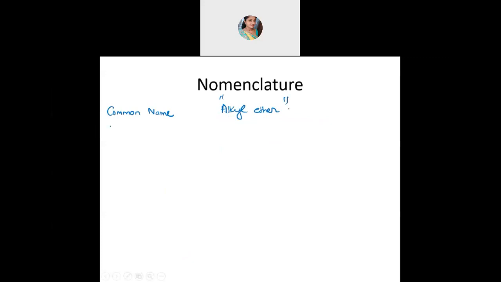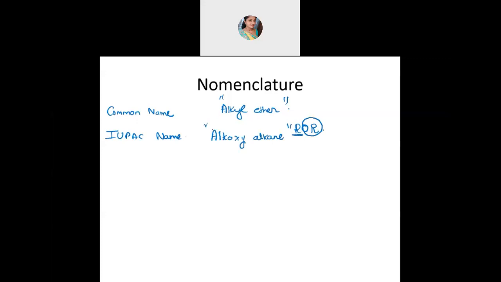Now come to the next one, the IUPAC name. When you are writing the IUPAC name, this is the formula, ROR. This OR part is written first. It is alkoxy. Then you see the parent has how many carbons. R group has how many carbons. So the IUPAC name is alkoxy alkane.